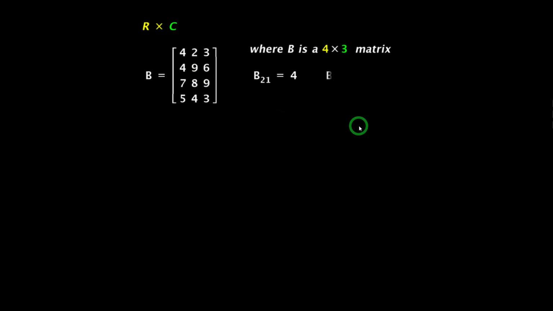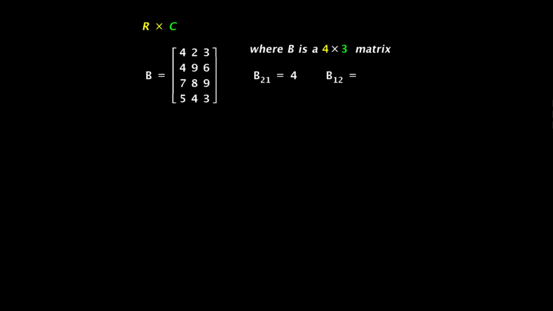Now what about another number, B12, B sub 12? 1 is the row, 2 is the column. So this is row 1 and that is column 2, so we are definitely talking about that number 2.